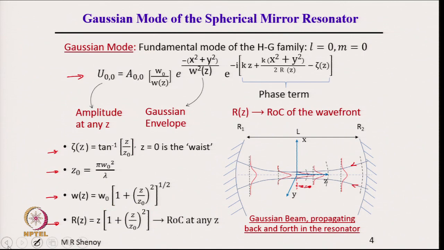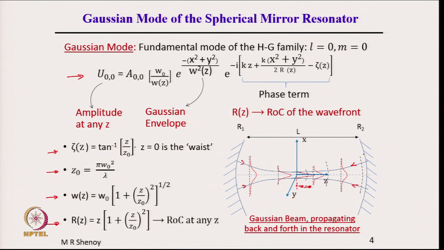Therefore, as we have seen, the Gaussian mode propagates, it diffracts, and then it is focused back by the spherical mirror, and then it propagates in the reverse direction, focused back by the second spherical mirror here, and therefore, it goes back and forth, a Gaussian beam propagating back and forth in the resonator.